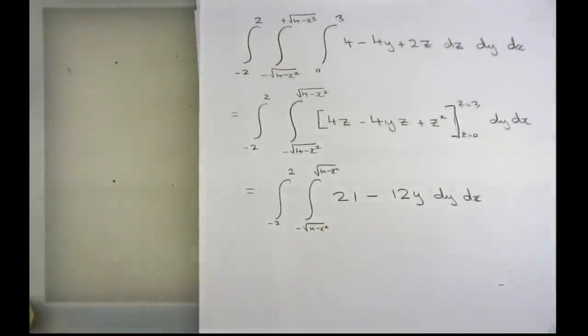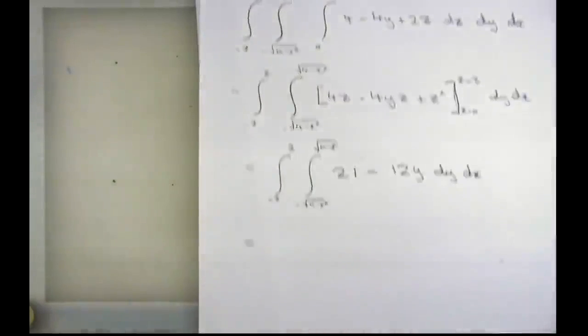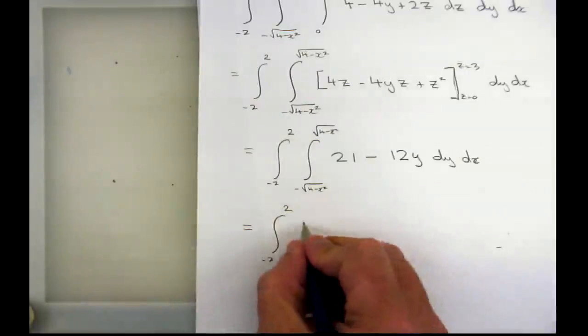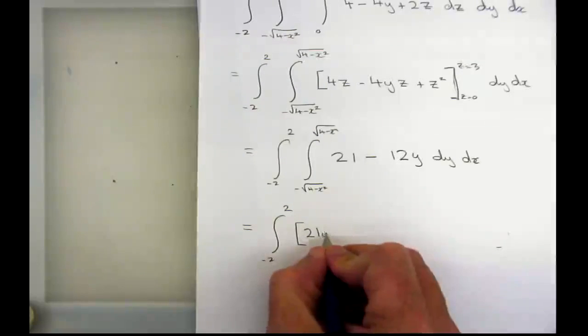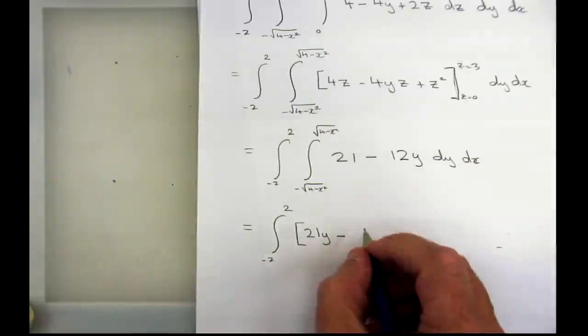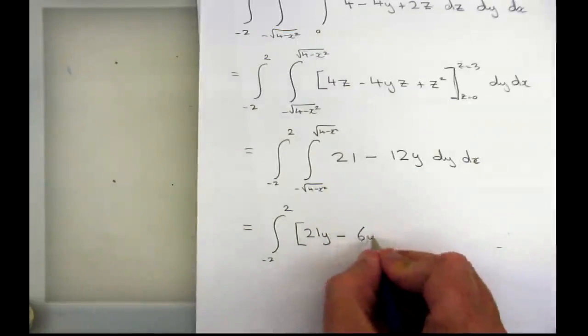Now the awful bit, so this is 21y minus 6y squared.